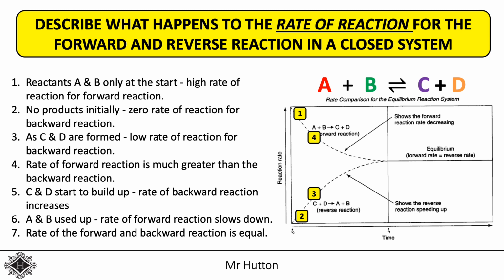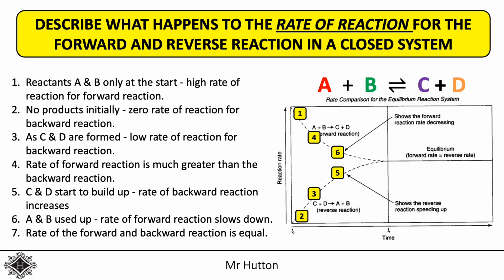The rate of the forward reaction is still much higher than that of the backward reaction. C and D are starting to build up quite a bit now, so the rate of their backward reaction is now much higher as it approaches equilibrium.